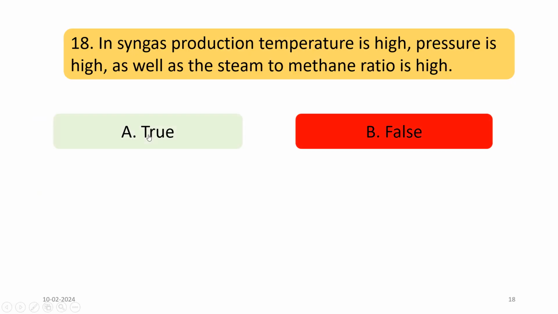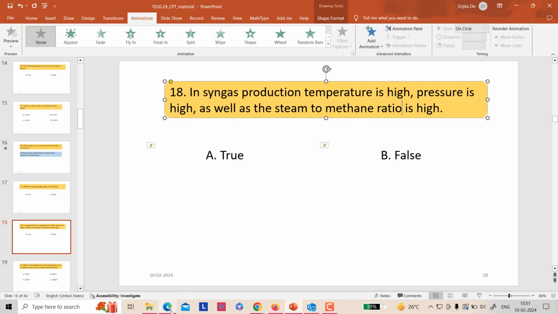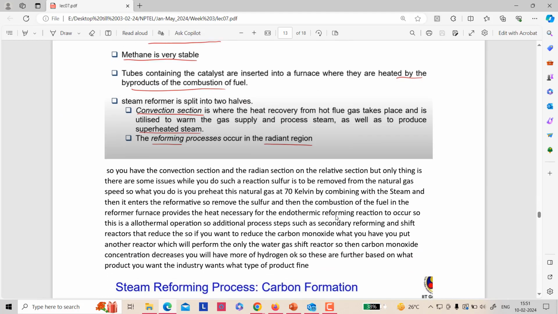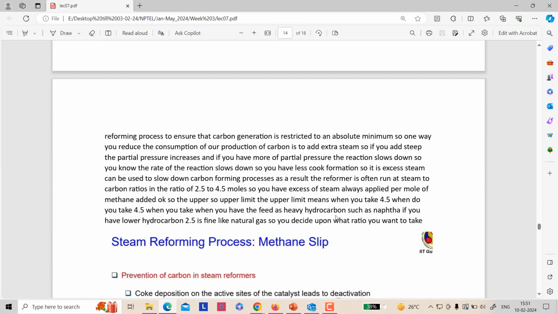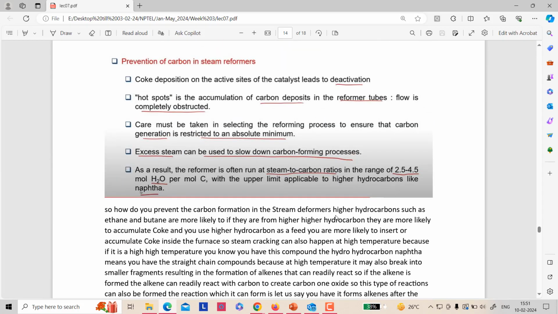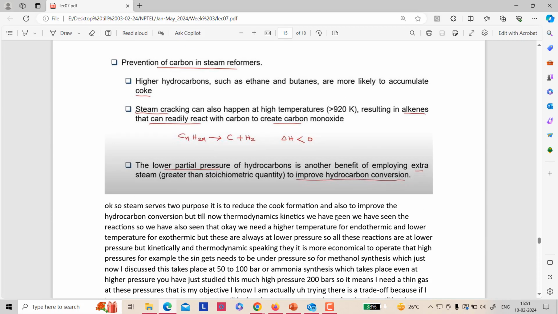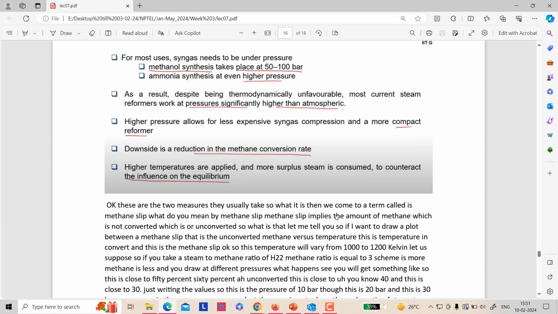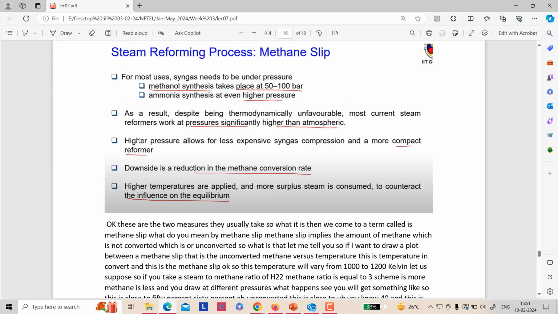No, it is also true, because when the pressure is high, as sir has taught in the class, it allows for less expensive syngas compression and a more compact reformer.